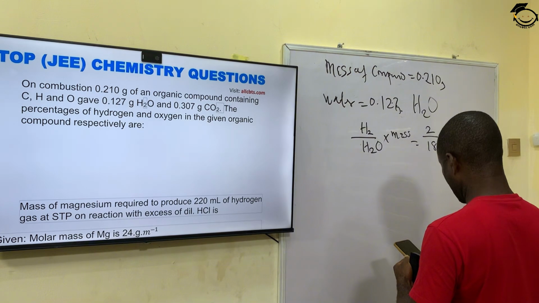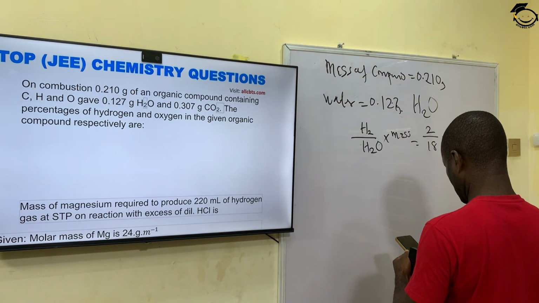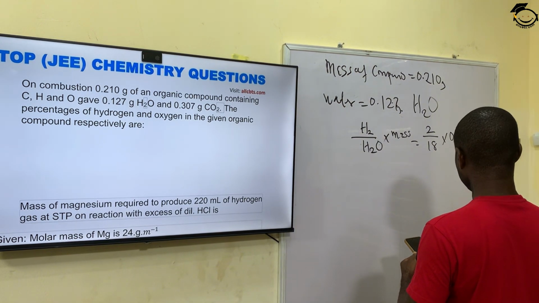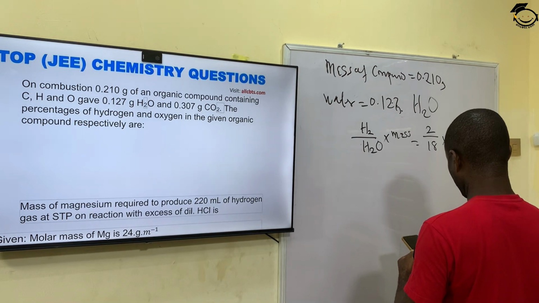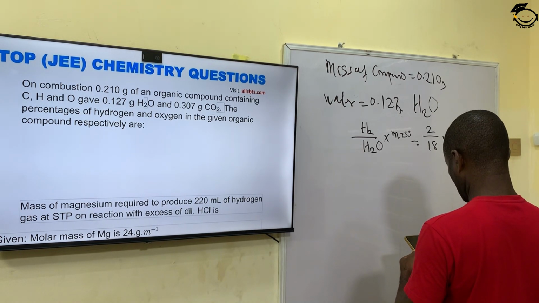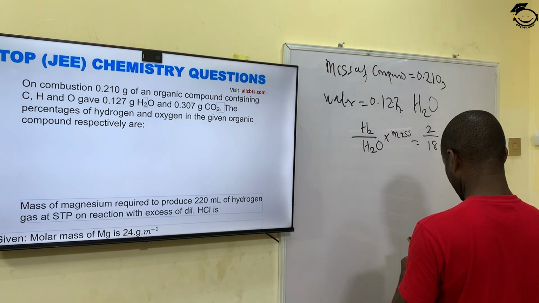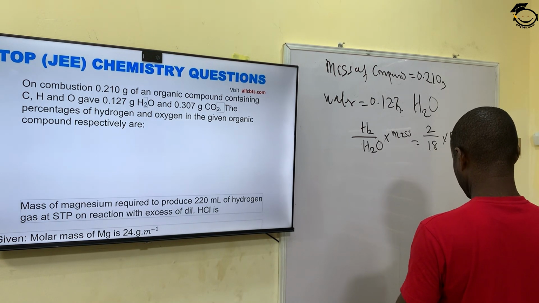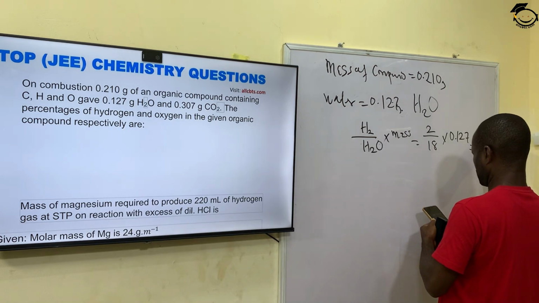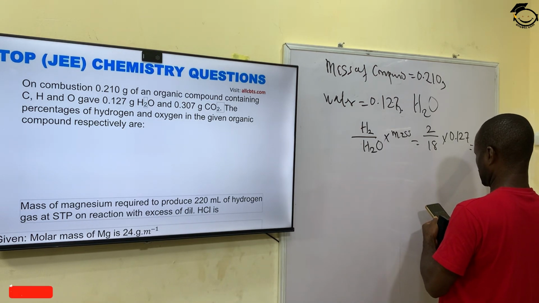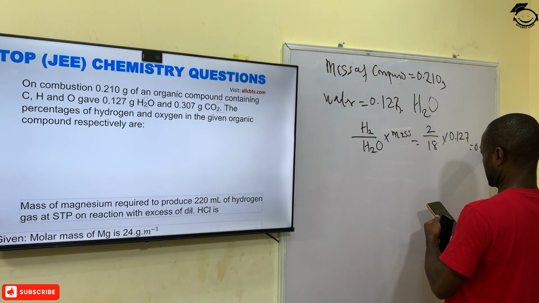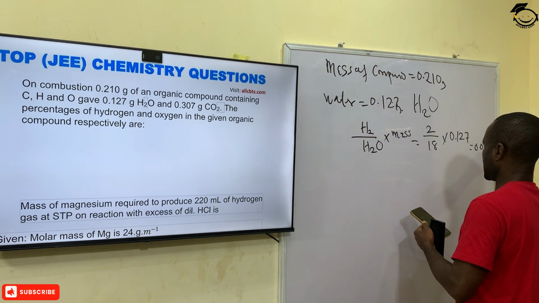So calculating that, we have 2 times 0.127 divided by 18. This gives us 0.0141 gram.